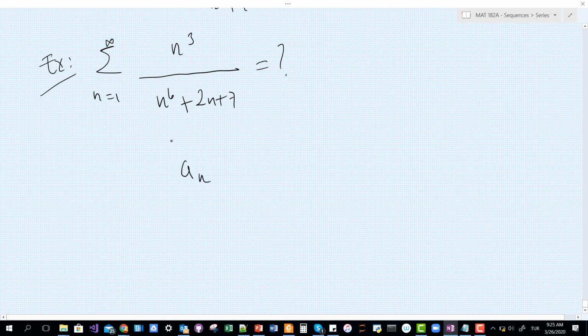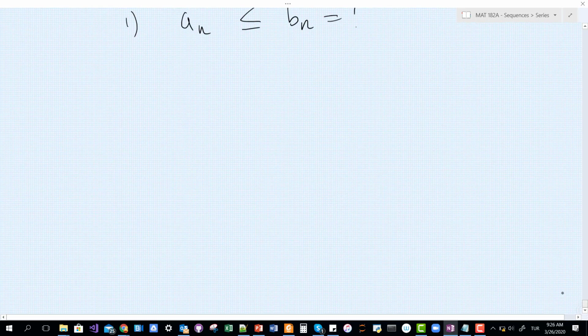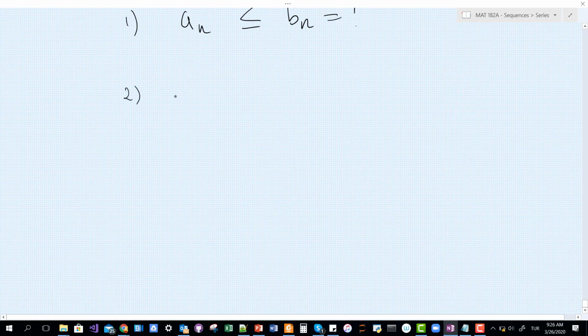What I said, this is my an. I need a bn, right? I need to choose what the bn is, and then I need to show the convergence of bn. So you saw how I chose what the bn is. I can also use the same technique I used for the previous example. Bn can be chosen in this way. Look at that.